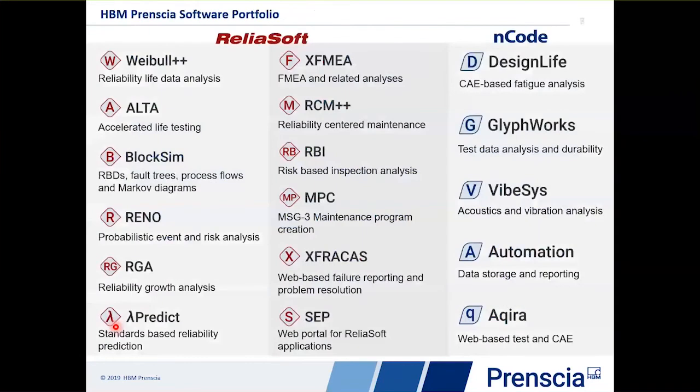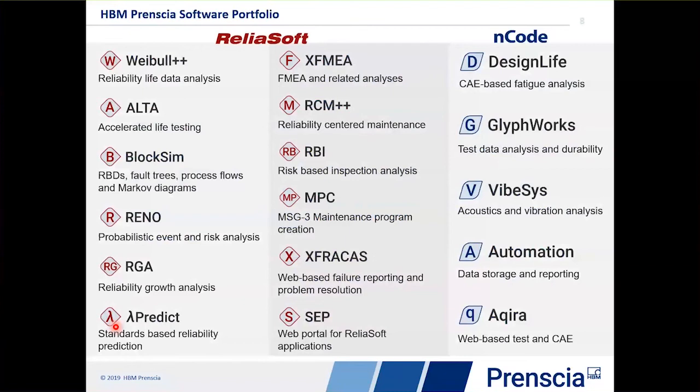If you have a look at our software lineup, you'll notice that there are many different packages under the Reliasoft and Encode brands. Basically, the ones in the left-hand column there are reliability analysis tools, and they're all based on failure data analysis, for helping test planning and system modeling. The tools in the middle column are all about reliability management and how we want to manage risks and maintenance and actions.